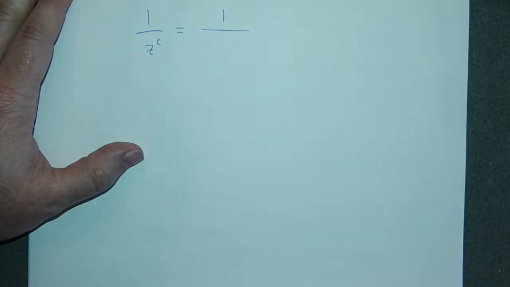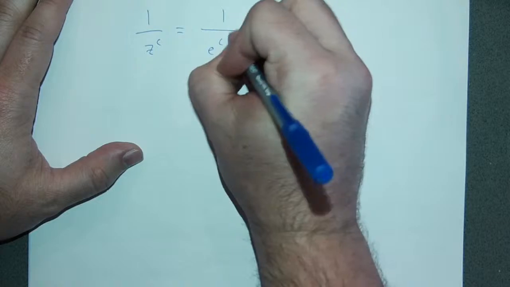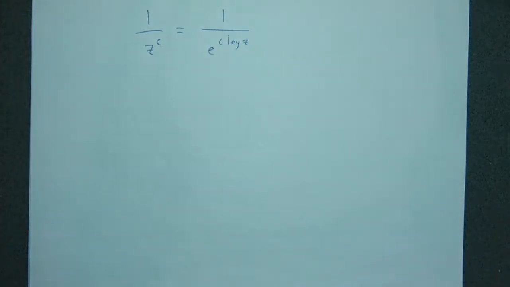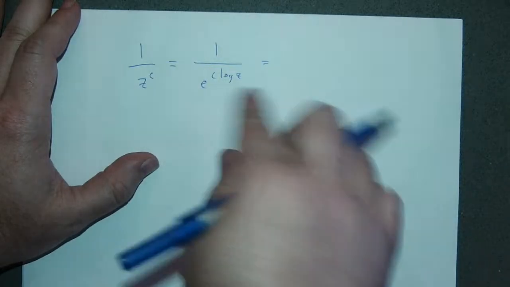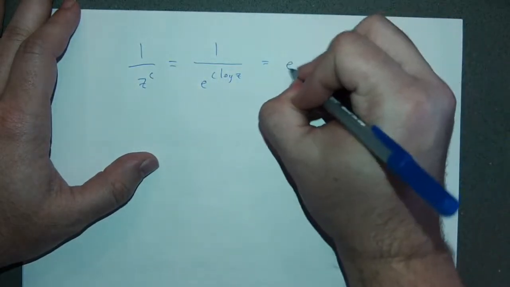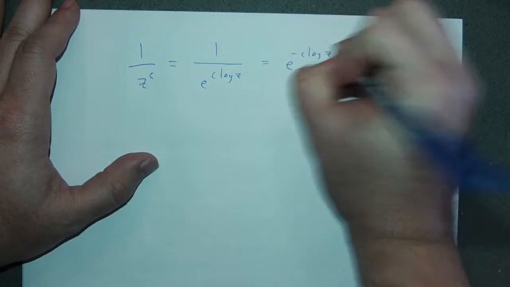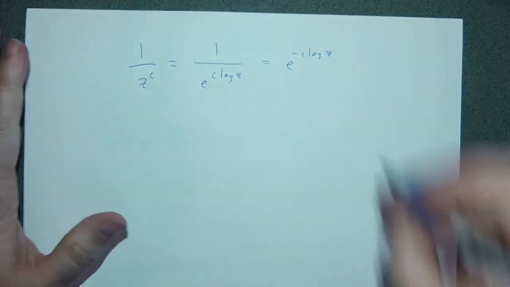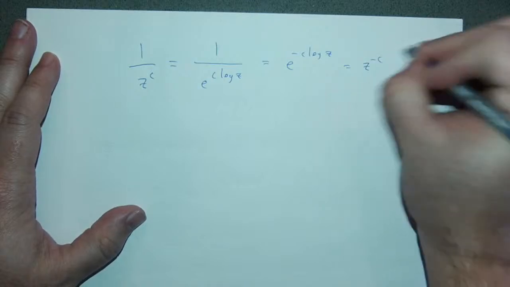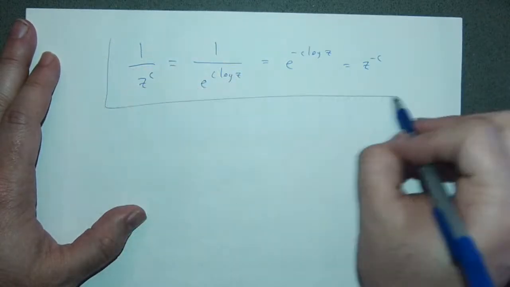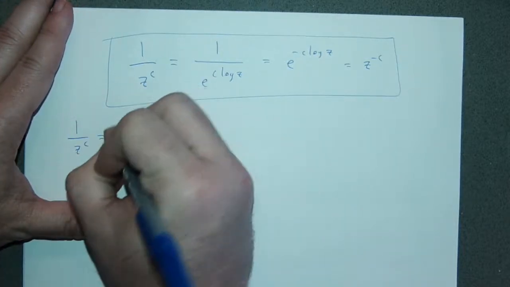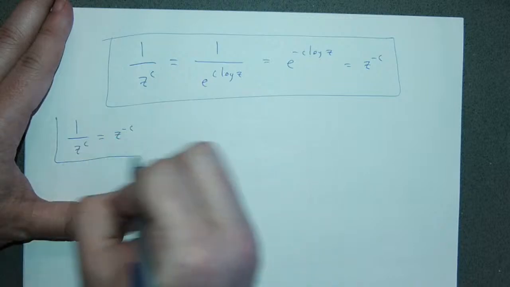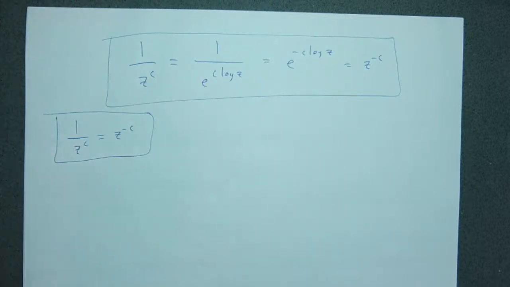Well, by definition, this is 1 over e to the c log z, which, using the exponent rule that 1 over e to the something is e to the minus that thing, is e to the minus c log z, which is, by definition, z to the minus c. And so the usual way of thinking about exponents, when it comes to this algebra, is true in our notation, just from the definition.